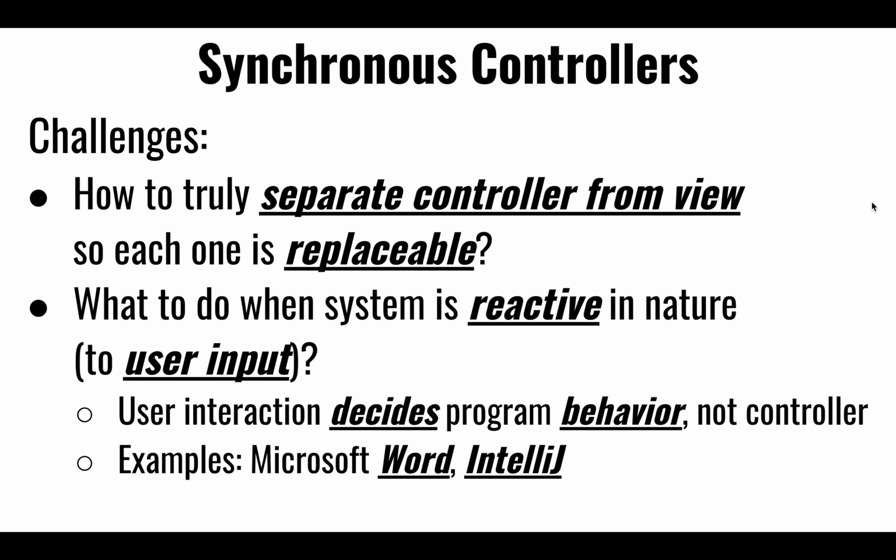Regardless of whether there's a synchronous or asynchronous controller, we're going to be drilling into this for this week and the next several weeks: that we're always going to be looking at being able to replace any part of the application, right?